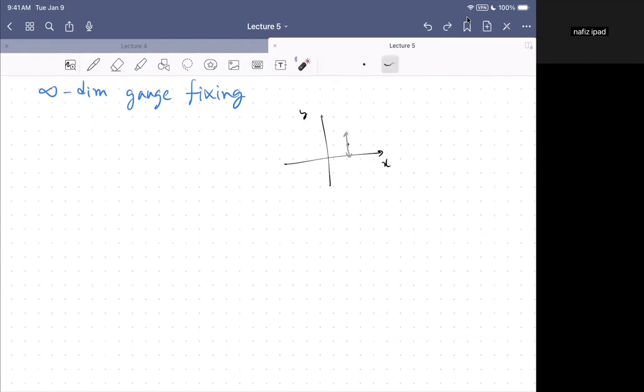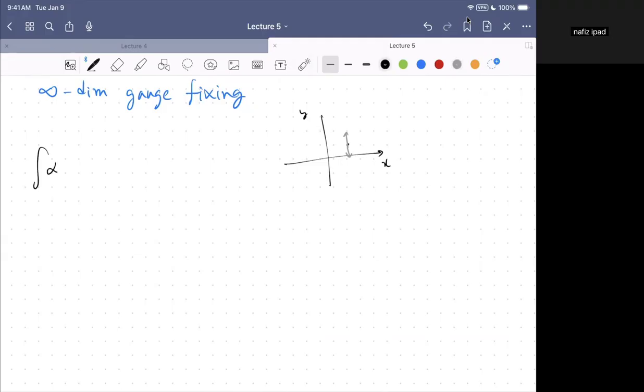And these directions that we can move toward, starting from any point, were basically the directions of the gauge orbits. So what is the analog here? First of all, what is the integration domain that we're starting with in the QFT case?